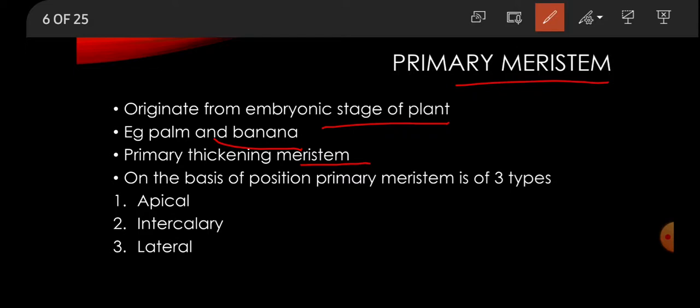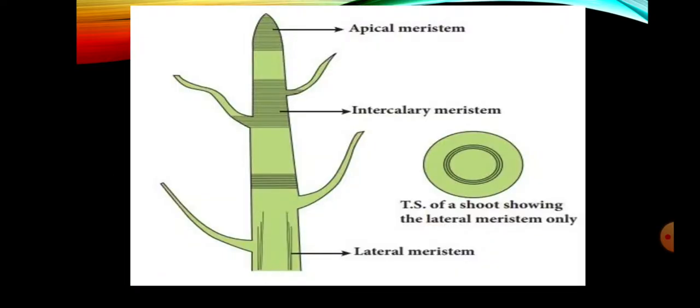Now on the basis of position, primary meristems are of three types: apical meristem, intercalary meristem, and lateral meristem. In this picture we can see the apical meristem. The meristem which is present at the apex of the plant, मतलब plant के top पे जो present होगा, will be known as apical meristem.